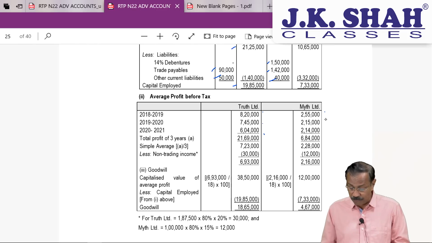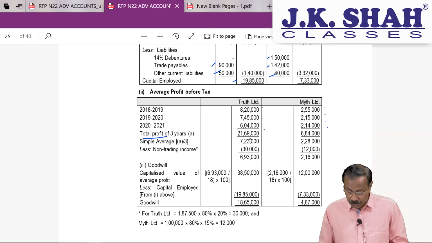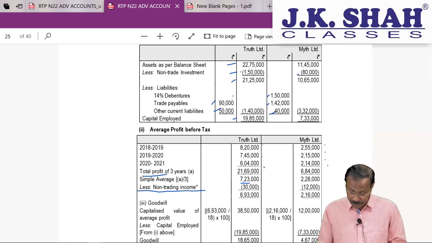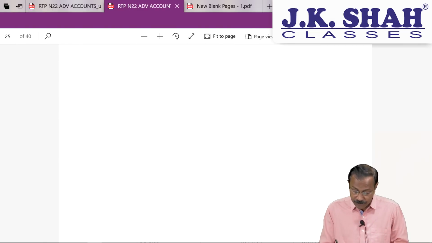Now, how do we calculate the profits for the same? 3 years profits are given to you. Add up the total. Simple average divided by 3, remember, less non-trading income. Here it is the rate given as 20% if you see. 20% to Truth and 15% to Myth.